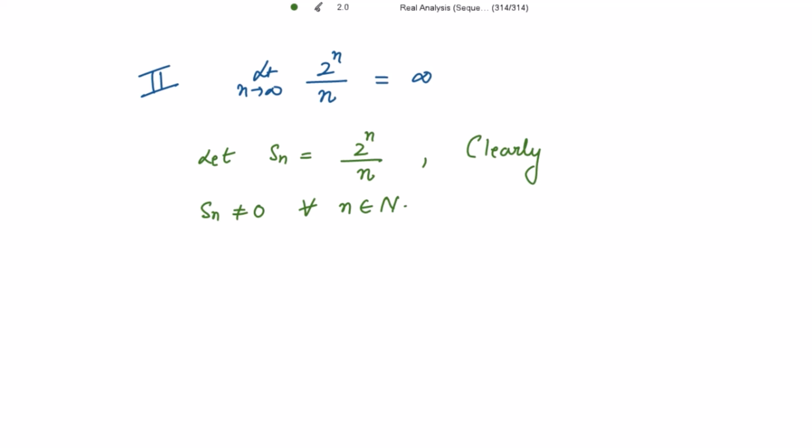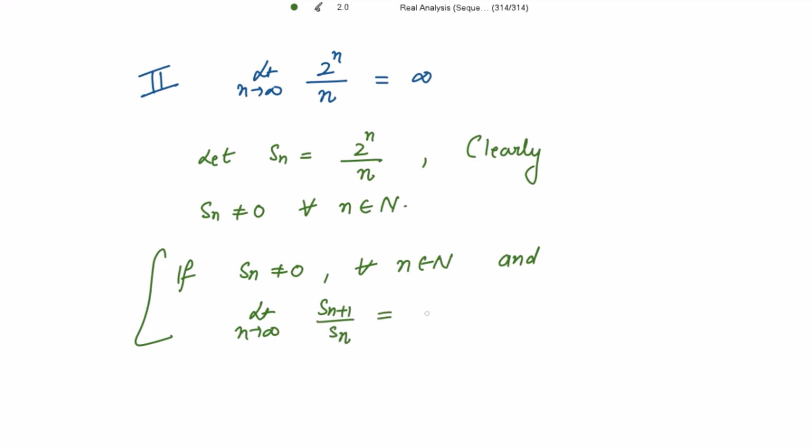And we know that from the theorem, if Sn is non-zero for all n belonging to the natural numbers, and limit n tends to infinity of Sn plus 1 divided by Sn is equal to some limit, say L, and if this L is strictly greater than 1, then we get limit n tends to infinity of Sn to be equal to infinity. So this theorem we are going to use over here.